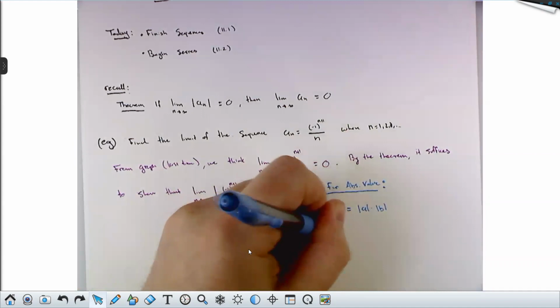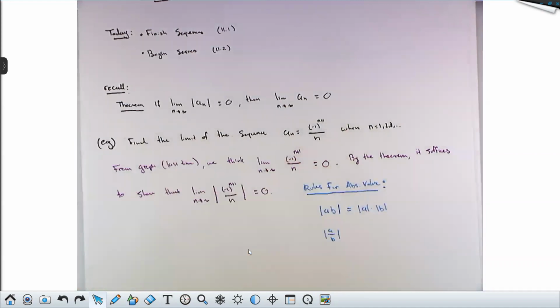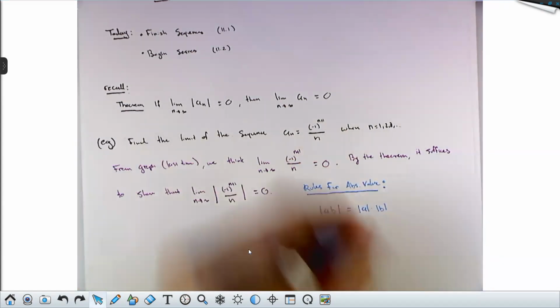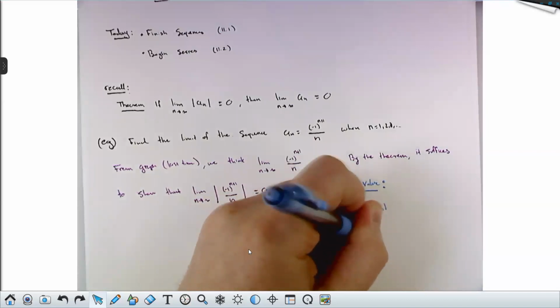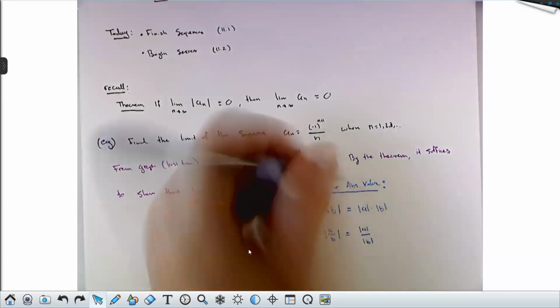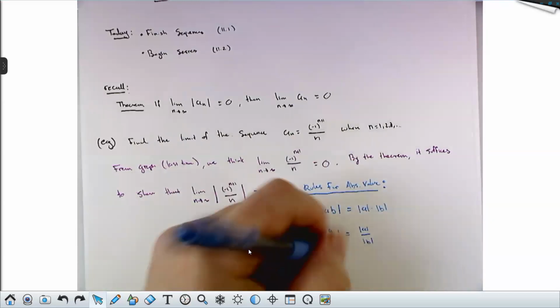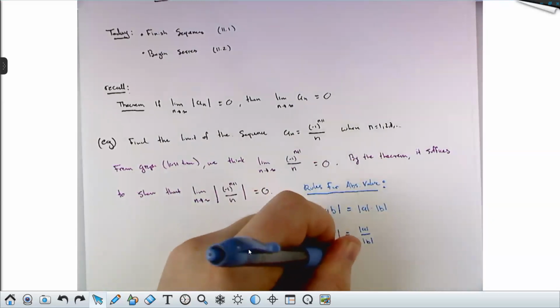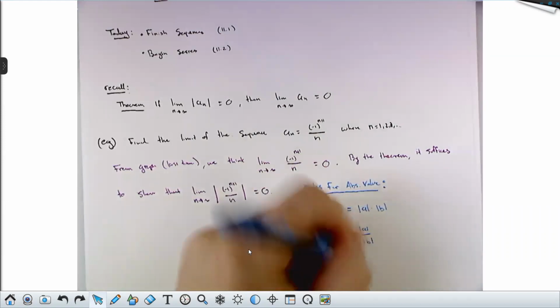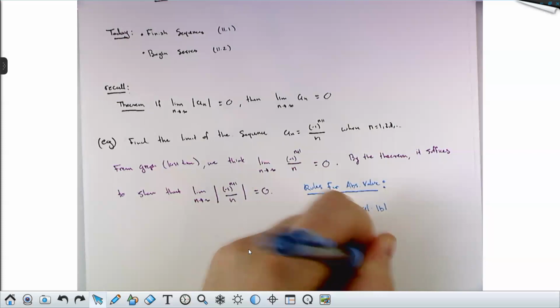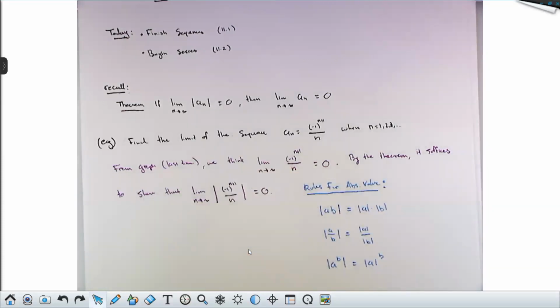Similarly, the absolute value of a quotient is the quotient of absolute values. And finally, if you have a power in absolute values, that's the same as the absolute value of that base raised to that power.